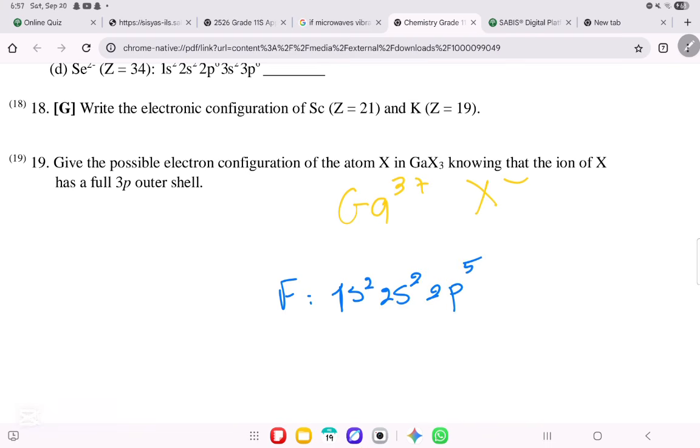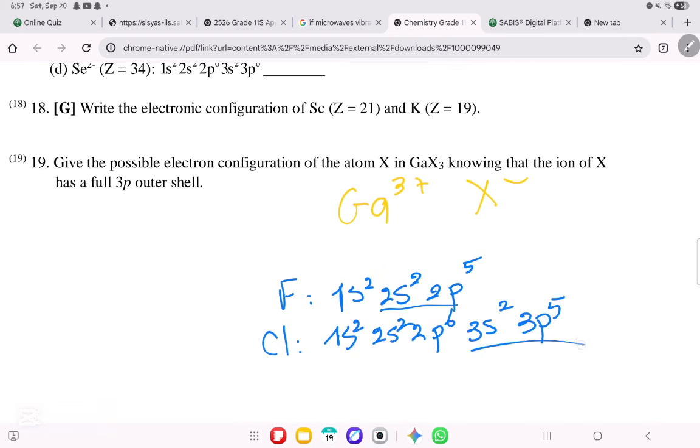Then chlorine, 17, 1s2, 2s2, 2p6, 3s2, 3p5. You see, they end with s2, p5, but the only thing that's different is their energy levels. Now we can make a rule that all of them end with s2, p5.